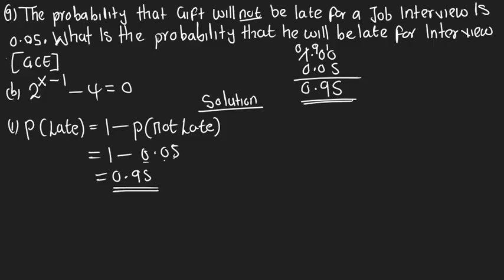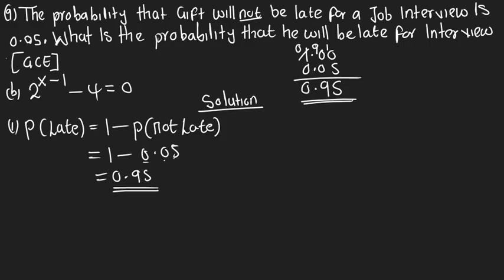Exactly. So, let's say you've just got to the answer, like you put the probability of not being late, or 1 minus that, then you got just directly 0.95. They can give you marks, but just impress the examiner here and there.